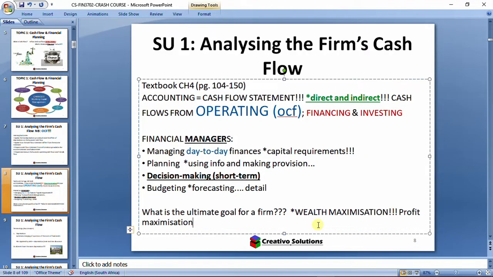Profit maximization is important from an accounting point of view. Again, let's just spend a minute discussing that topic. Wealth maximization means I'm going to increase the value of the business over time. Profit maximization is just looking at increasing sales. Is it possible to increase sales at the detriment of wealth?